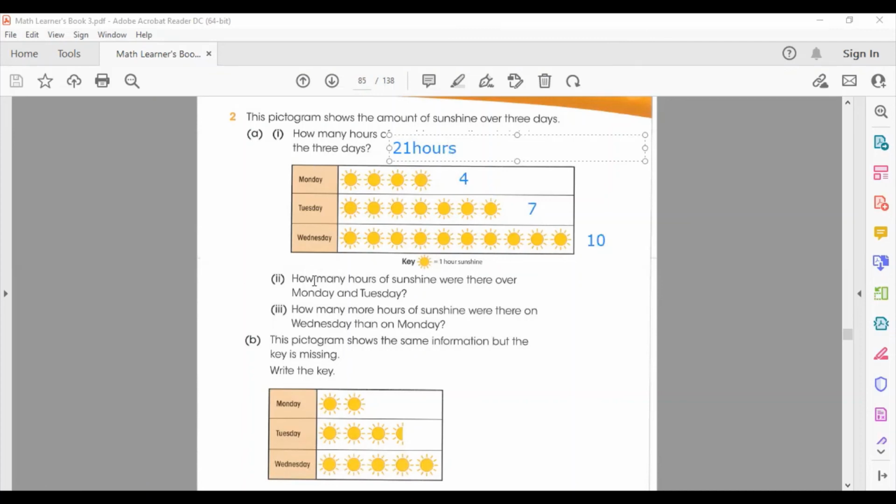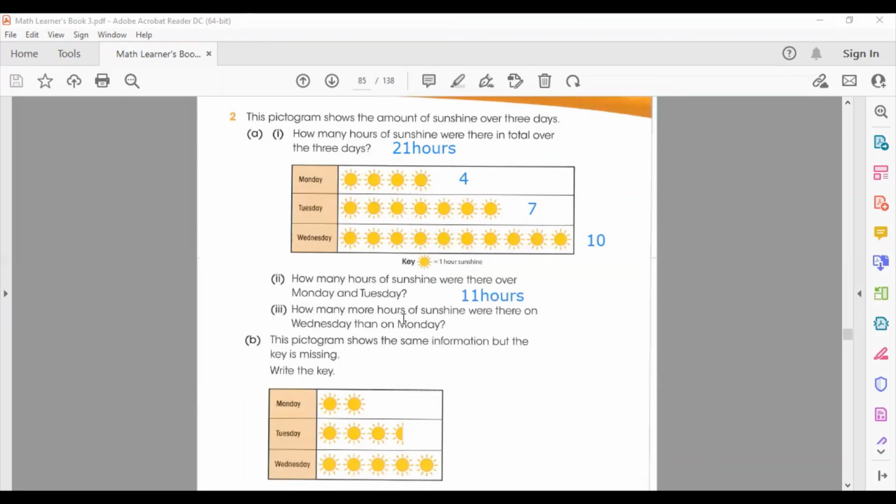After this, how many hours of sunshine were there over Monday and Tuesday? Monday 4, Tuesday 7. We are talking about both, so 7 plus 4 equals 11 hours. Monday and Tuesday.